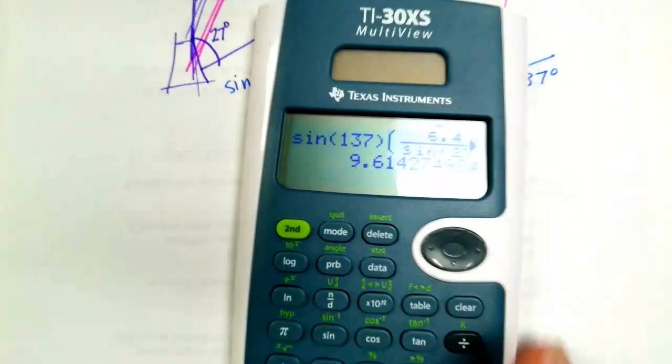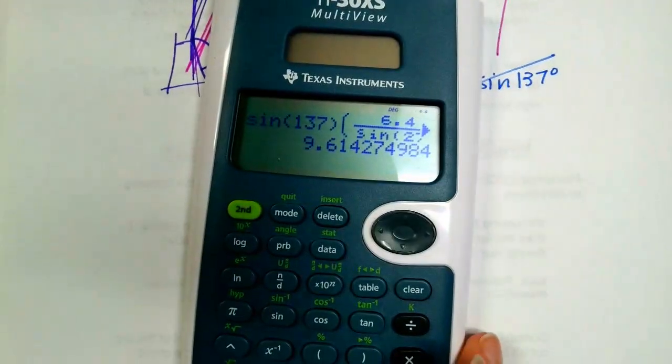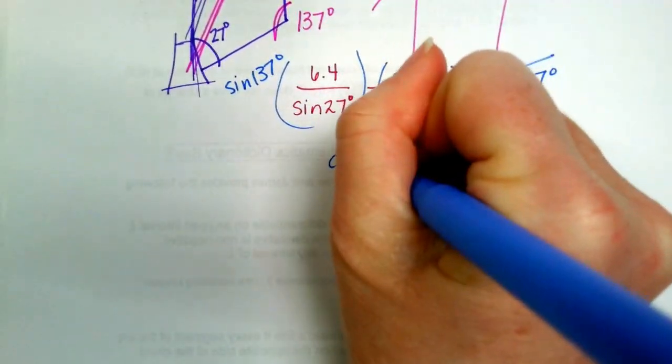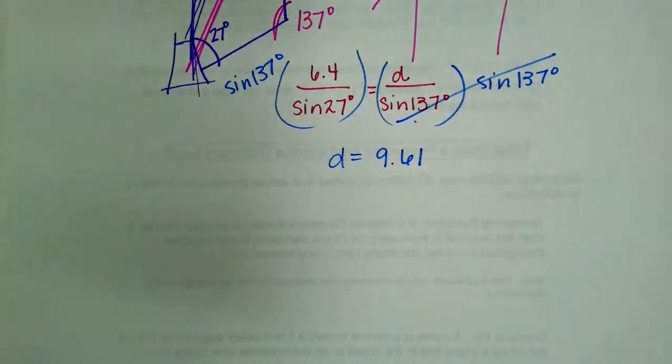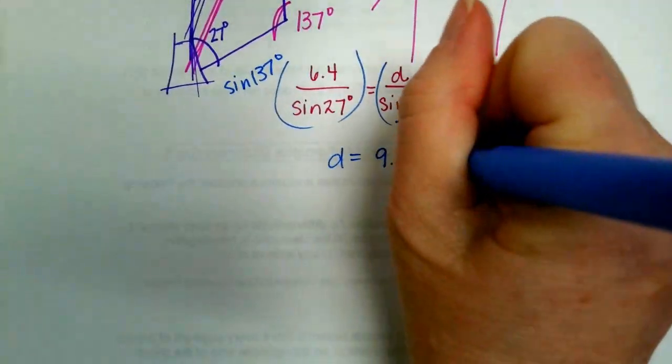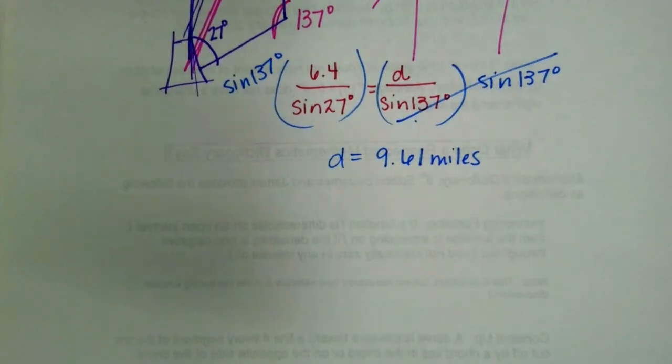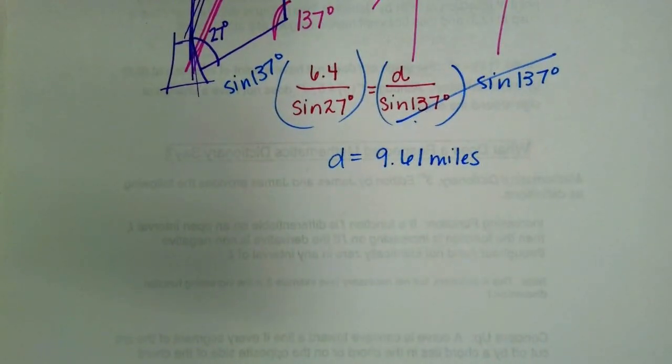And I get 9.614. And this was miles. Okay, y'all okay? Pretty easy.